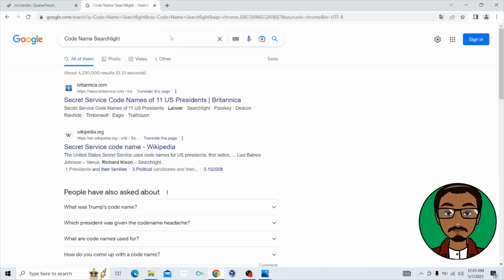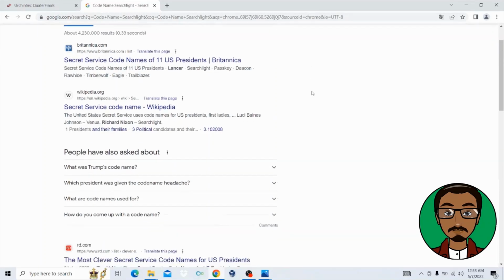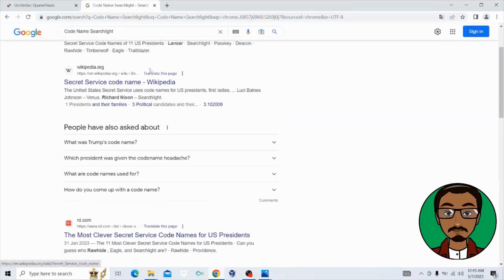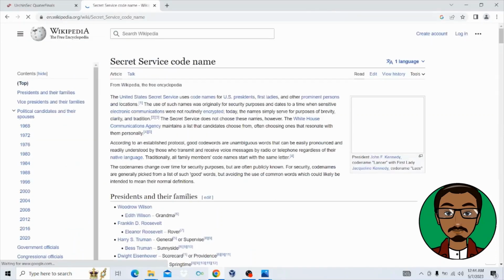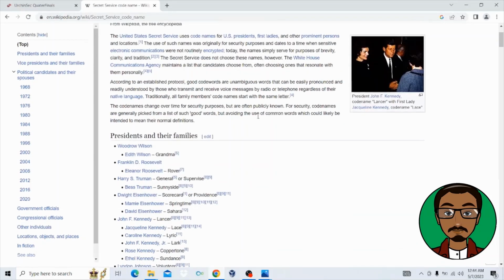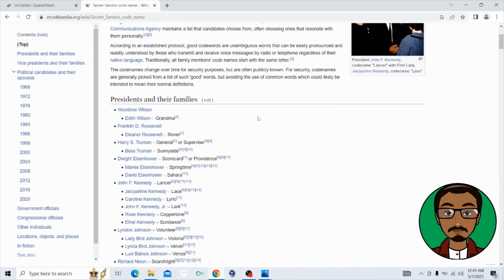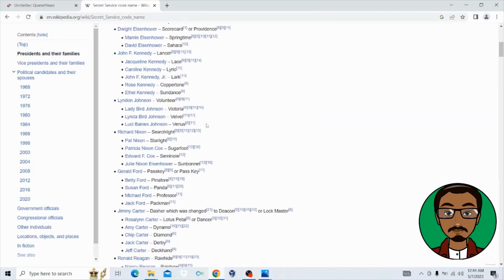So let's find out who he is. When you scroll a little bit, we can see there is a Wikipedia result, and we can see here Richard Nixon is highlighted. So let's just open it and investigate further.